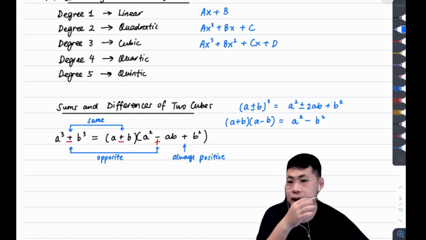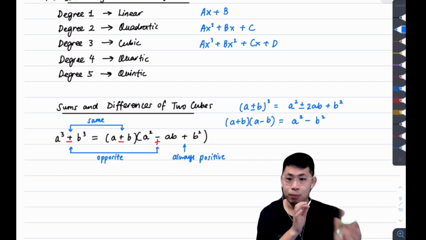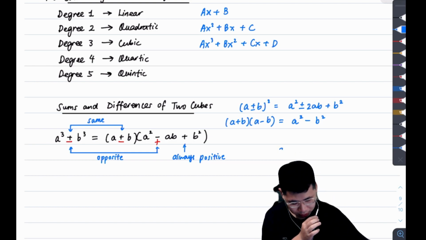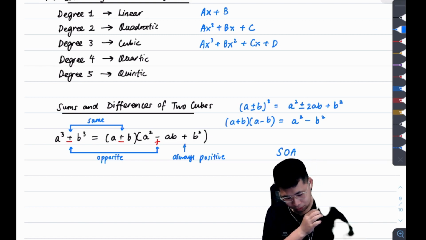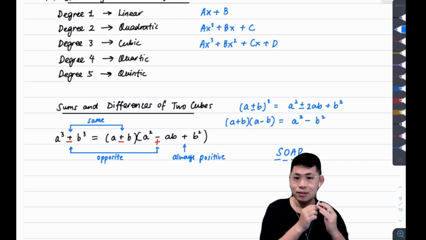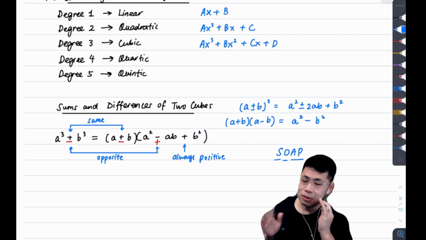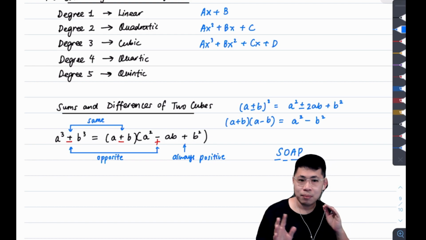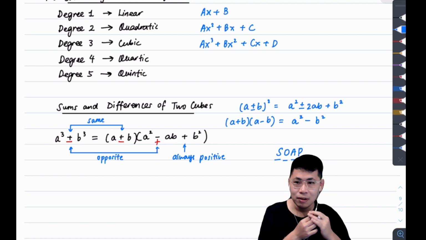So an easy acronym to remember the order of operations is SOAP: same, opposite, always positive. We can make use of this and then do our factorization.